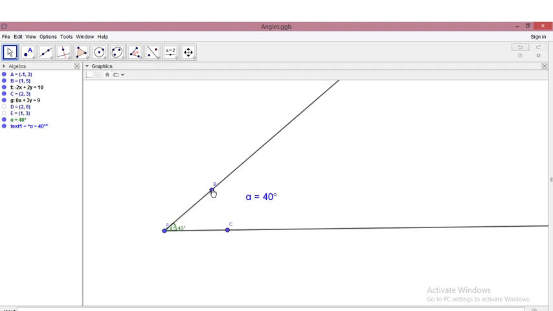The full angle is 360 degrees. Subtract 40 from 360 degrees. Then you will get the remaining angle, 320 degrees. Yes, that will be the reflex angle of alpha.